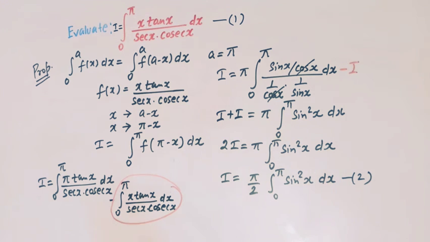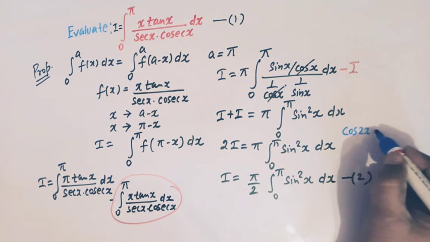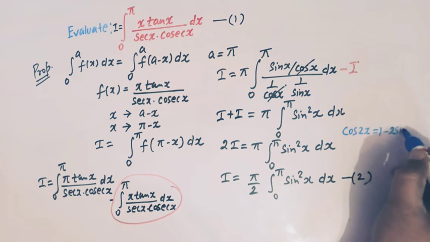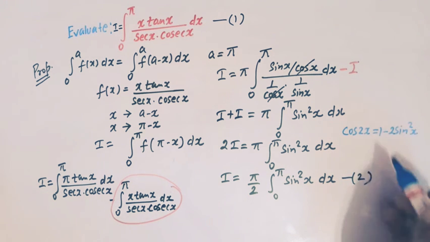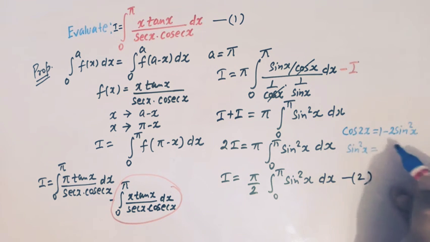Now again we'll make use of one important identity from trigonometry, which says that cos 2x is equal to 1 minus 2 sin square x, or sin square x can be written as 1 minus cos 2x divided by 2, right?